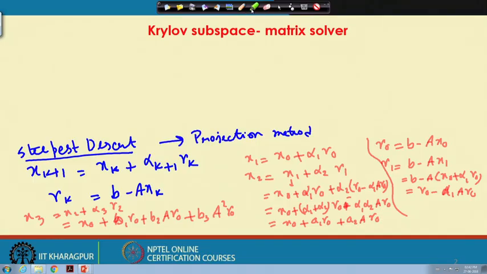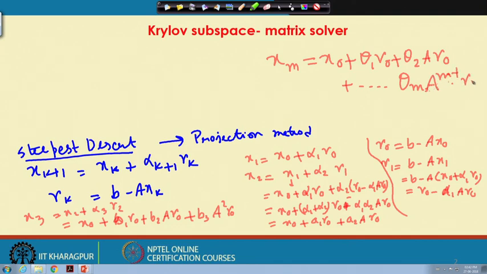Let me write down the general expression: x m, after the mth iteration, is equal to x 0 plus, say, theta 1 r 0 plus theta 2 A r 0 plus, and it goes up to theta m, A to the power m minus 1 r 0. x 3 is related with beta 3, so theta 3.